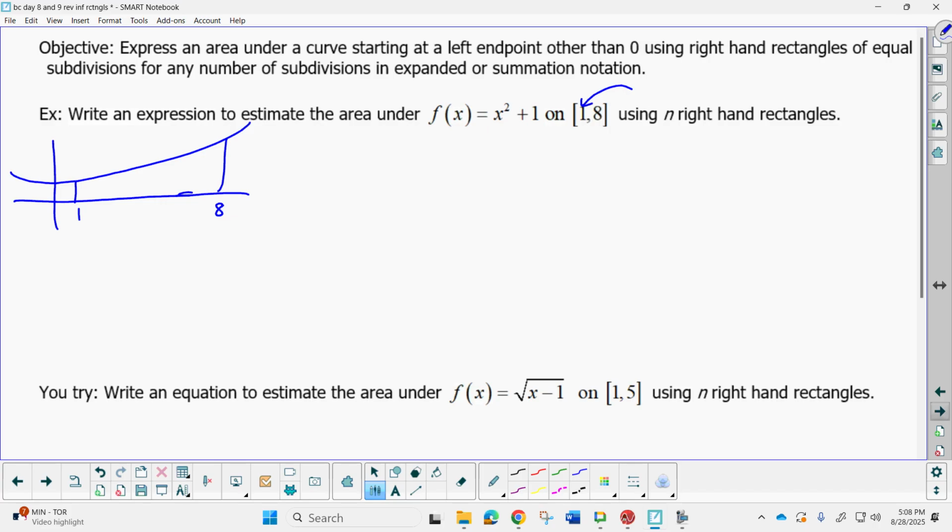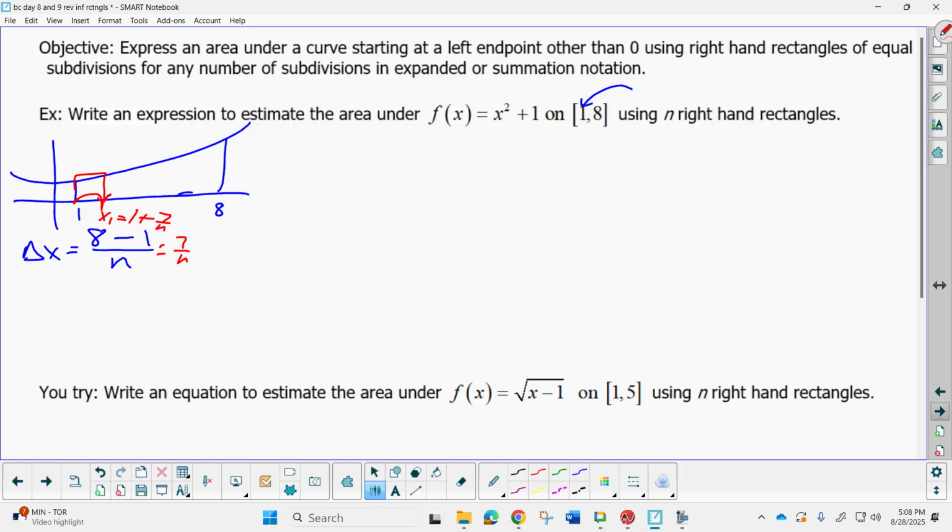Let's first find delta x. Delta x is a total region of 7 wide divided into n chunks. Now, in your picture, in your notes, mark this. When I go over 1 delta x, starting from 1, that would take me to my first x, starting at 1 and going over 7 over n and drawing the height.